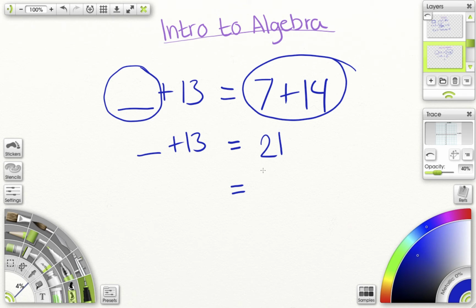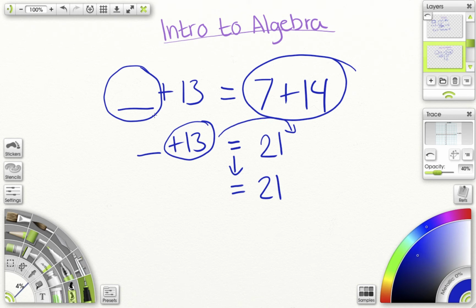To do subtraction, I'm going to keep the 21 in the same spot. So I'm just moving this problem down here. What I do though is take this 13 and bring it over to the other side of the equal sign. What happens when you move a number from one side of the equal sign to the other is it becomes the opposite.